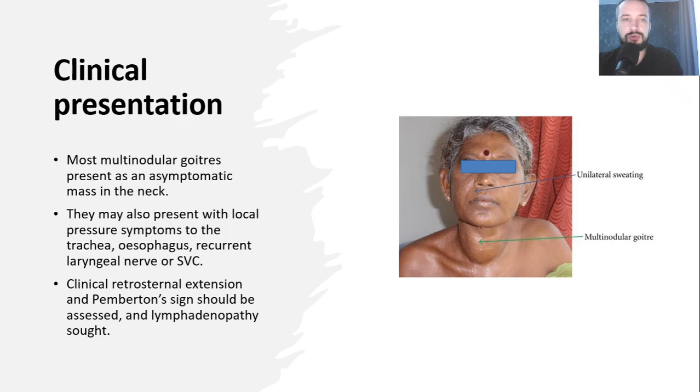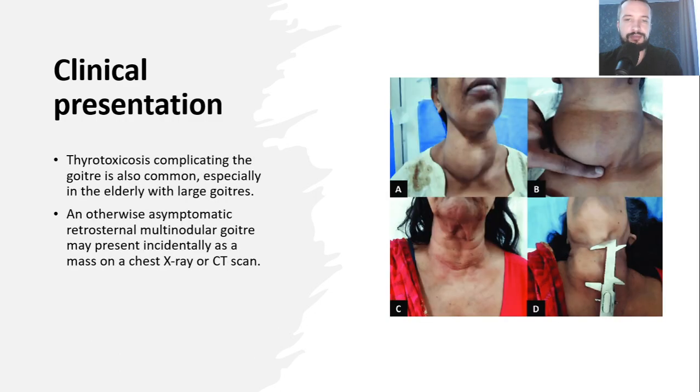Most multinodular goiters present as an asymptomatic mass in the neck. They may also present with local pressure symptoms to the trachea, esophagus, recurrent laryngeal nerve, or SVC. Clinical retrosternal extension and Pemberton's sign should be assessed and lymphadenopathy sought.